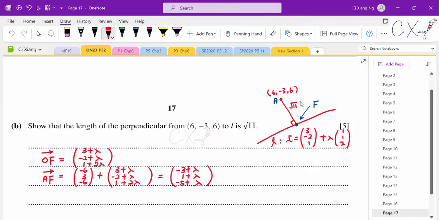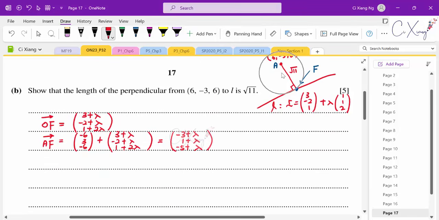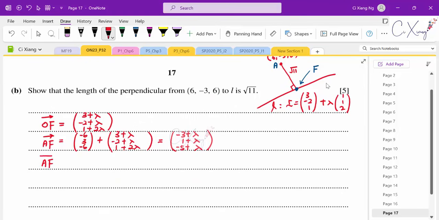Okay, after this, I know that the vector AF is perpendicular to the direction of the line. So vector AF dot product with the direction of the line should be equal to 0 because they are 90 degrees to each other, or perpendicular to each other. So what is the direction of the line?